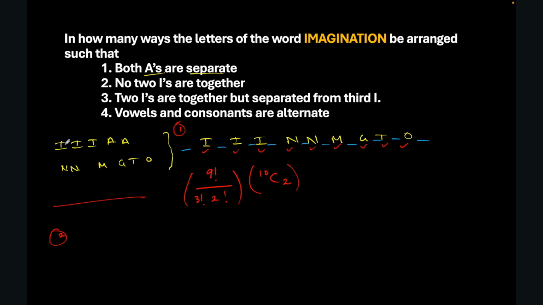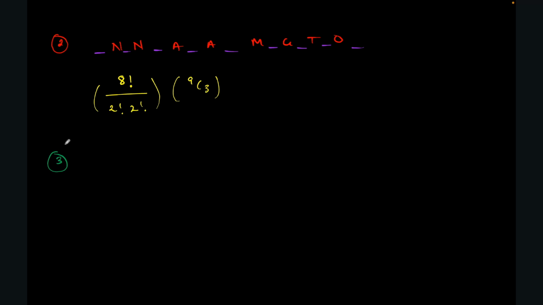The next case is asking us for 2 I's together but separate from the third I. Wow, that's pretty mean, isolating the third I. Okay, not an issue. What we have now is a case of bundling and separating. So we have 2 I's like this forming one entity, and another I like this.